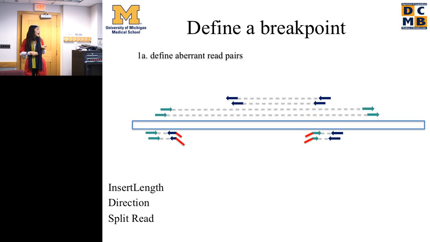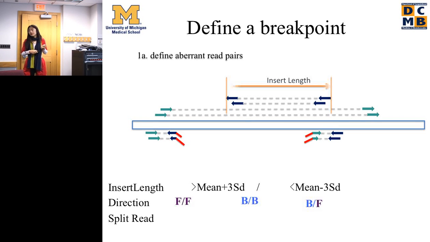By aberrant, we mean first, if for a pair of reads their insert length is very abnormal, outside our expected distribution, either too large on the right tail or too small on the left tail, we would mark them as a potential sign. And also the direction: in this case, for this pair, they are forward, while for this pair, they're reverse. Or we could also have forward and forward or reverse and reverse situations, which is not good. So we also mark these.